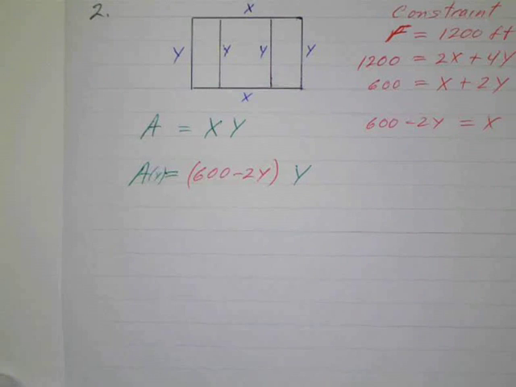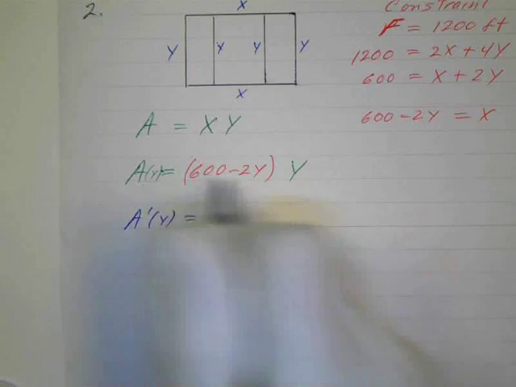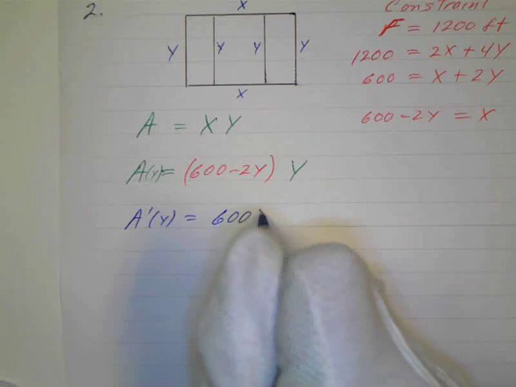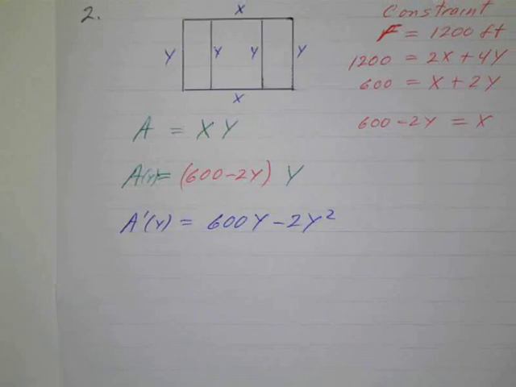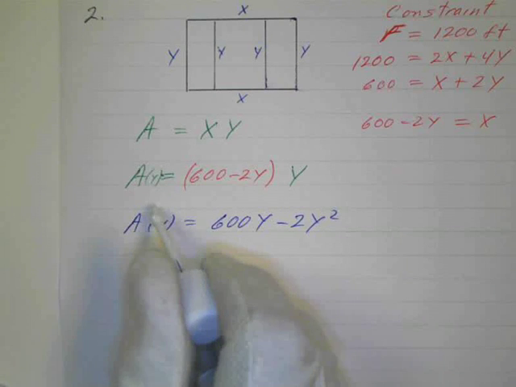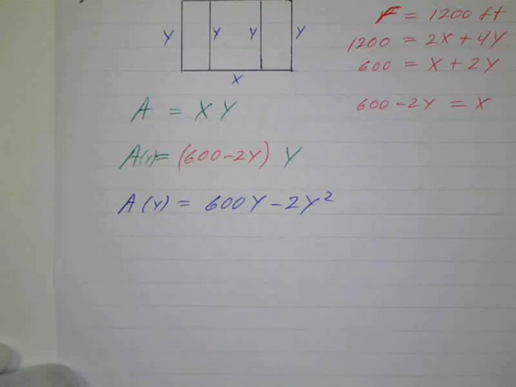So we take the derivative. So that's area as a function of y, 600y minus 2y squared, just multiplied out. Now we can take the derivative.